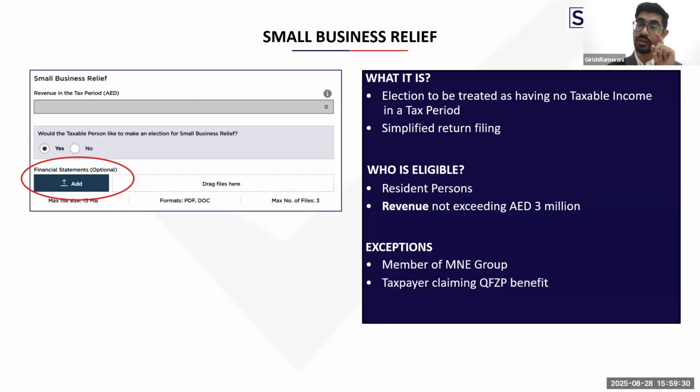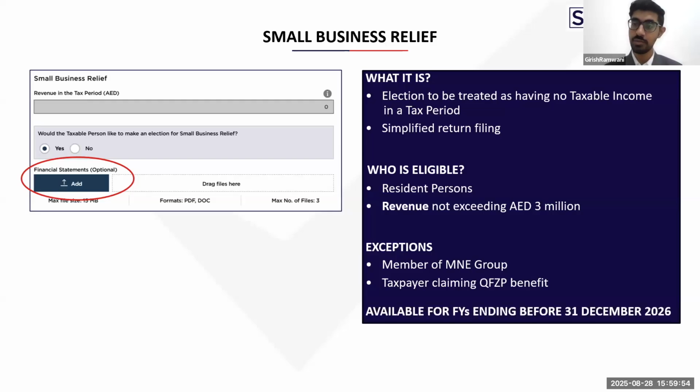If you want to take the 0% tax rate benefit, then small business relief cannot be availed. Both of them cannot be availed simultaneously. You will have to avail the qualifying free zone person benefit in the first year and file a detailed return giving all the disclosures. So these people cannot avail the small business relief. All others, subject to fulfilling the necessary conditions, can avail this benefit.